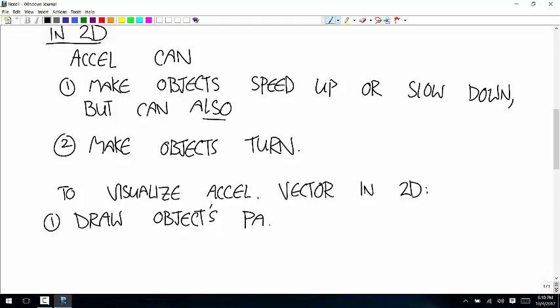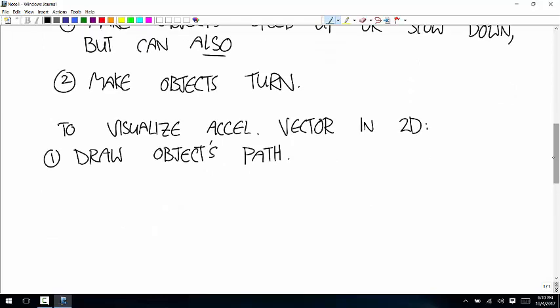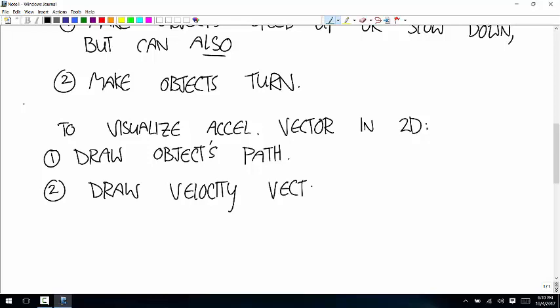So draw the object's path so you can see what road it's following as it travels. Second, draw the velocity vector tangent to the path in the direction of motion.